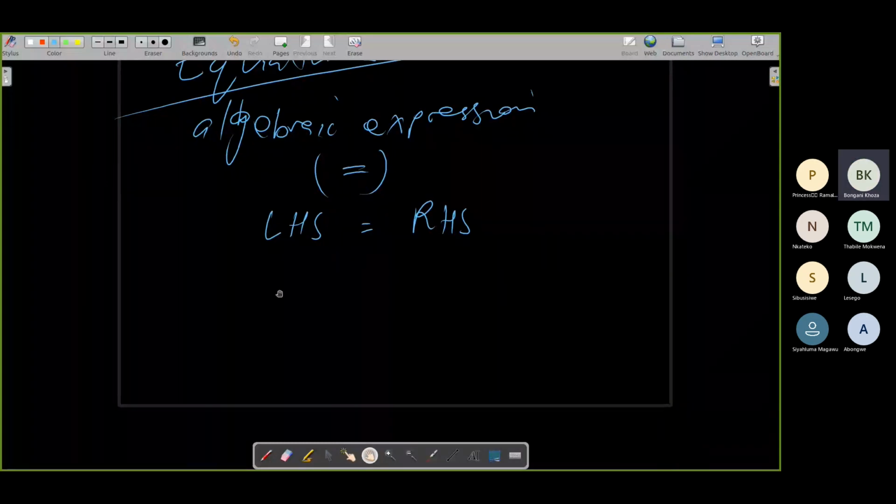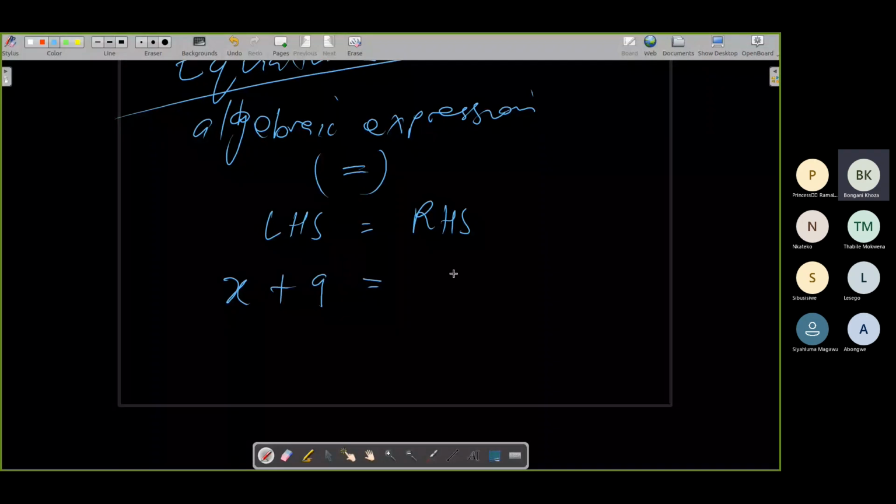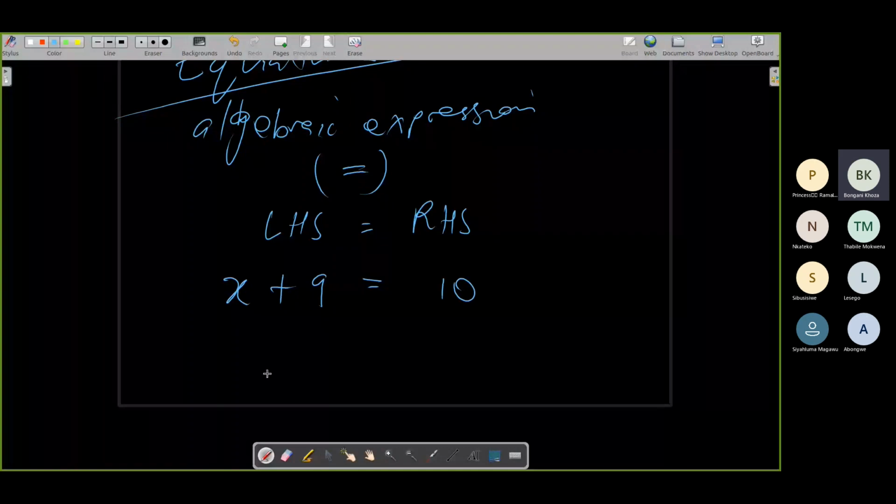So here we could be given something like this: x plus 9 equals 10. So we are trying to find out what value we must plug in here for x such that the left-hand side equals the right-hand side, right?